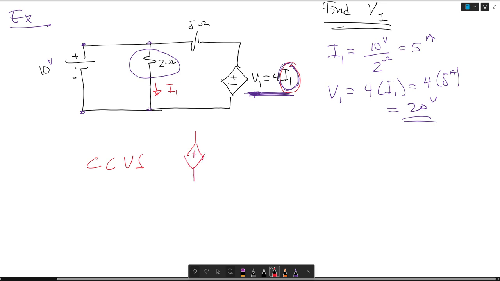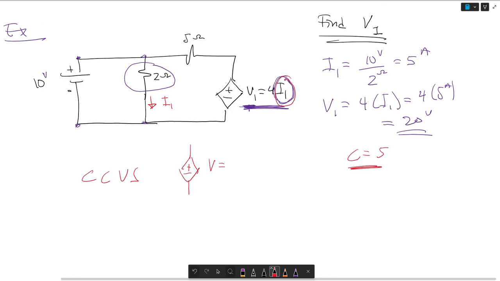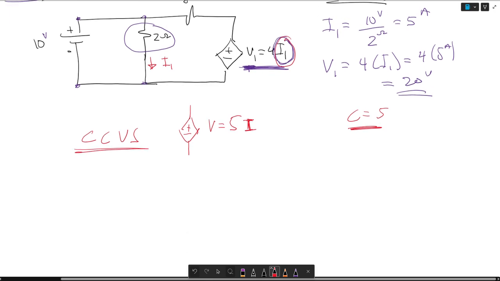It looks like this, and its V is equal to a constant. Let's say C is equal to 5, just so we don't confuse it. So 5 times a current. So it's a current controlled voltage source.